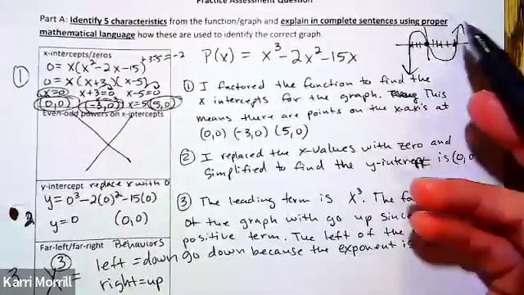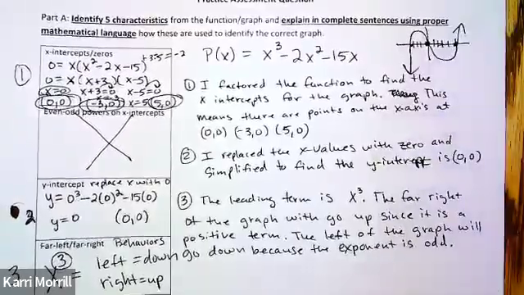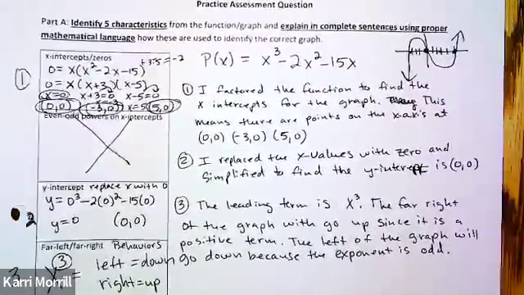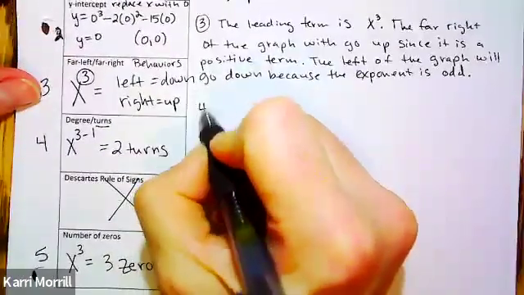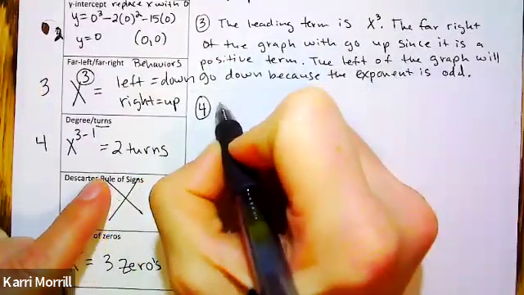So you should be able to sketch a real rough sketch without using a graphing utility by knowing that information so far. The other two that are very easy to identify would be turns.